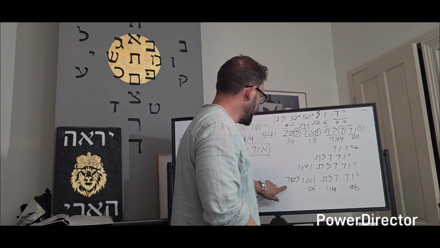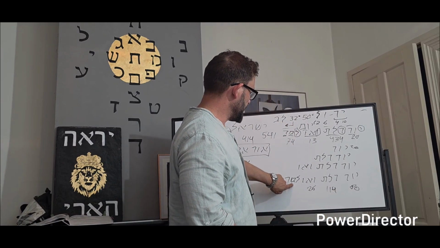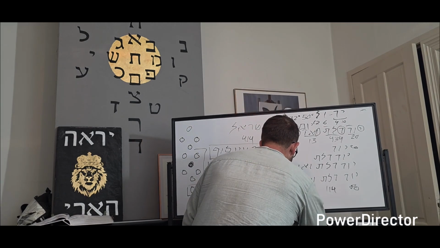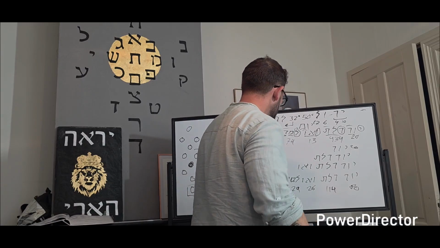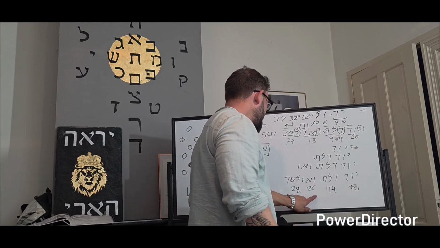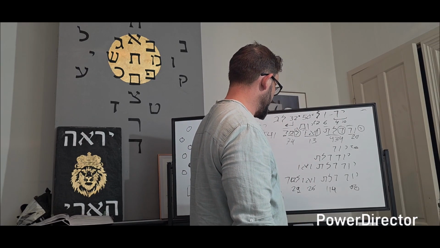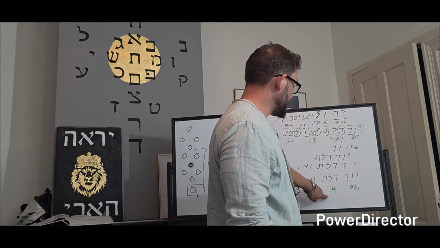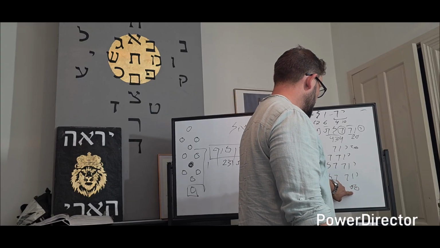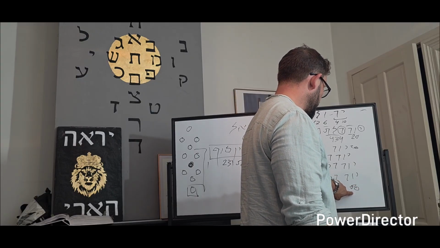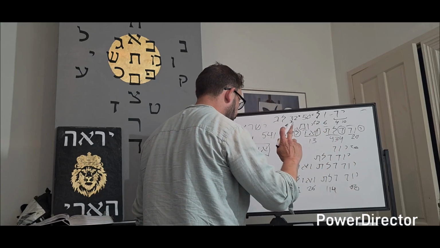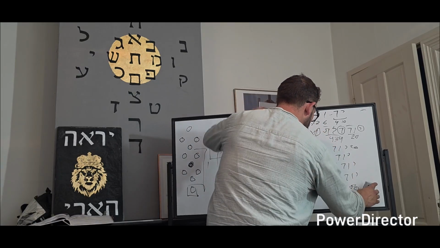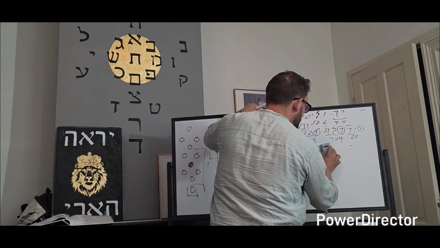Lamed, 4 plus 13 is 17, plus 12 is 29. 29 plus 26 is 55. 55, 169, 249. 249 ordinal. That's precise as in my notes. I'll erase it now.